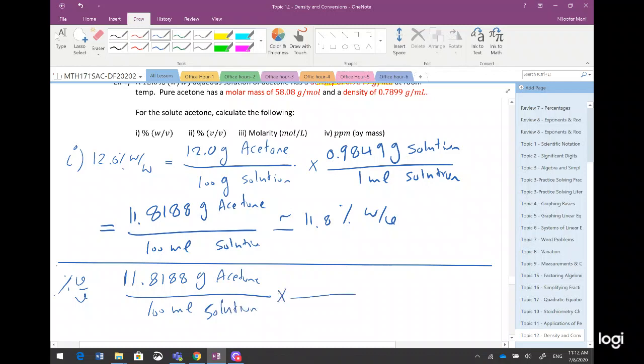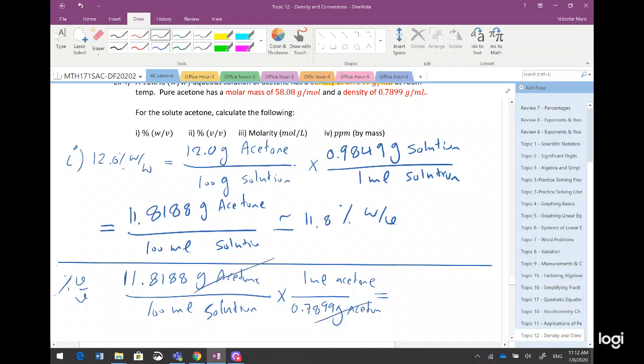Multiply. I don't need to do anything for the top, just the bottom. So I use 0.7899, which is the density of acetone, and go to 1 milliliter of acetone. So I cancel this and this.